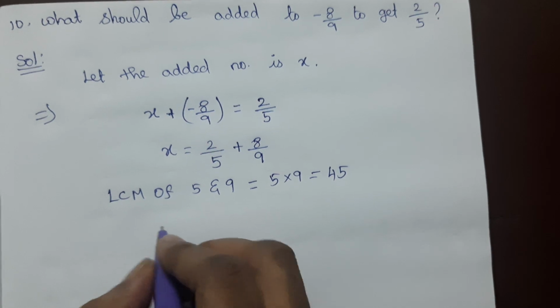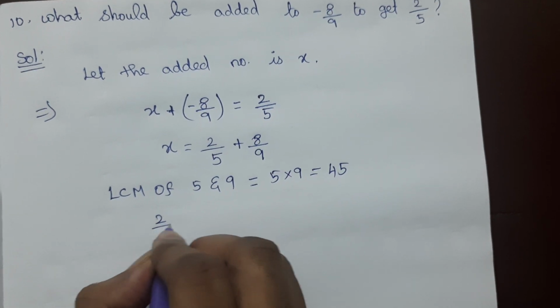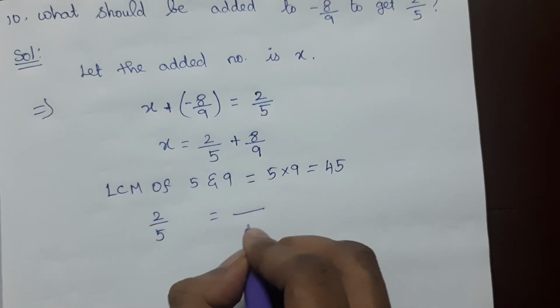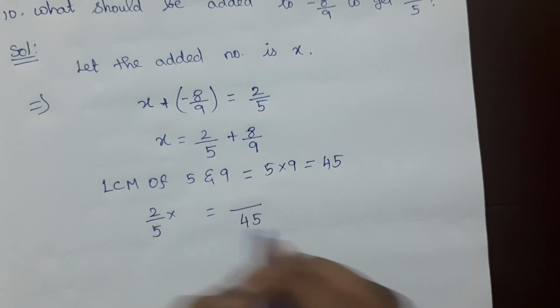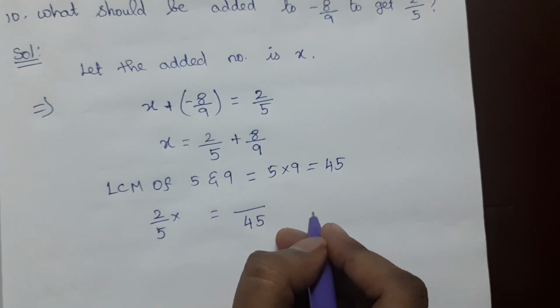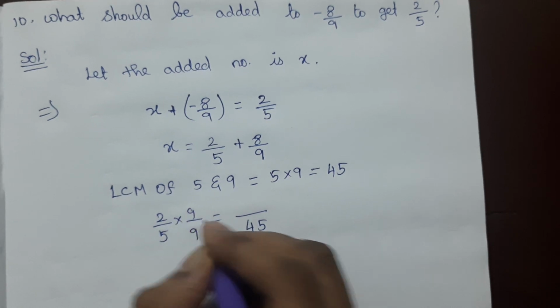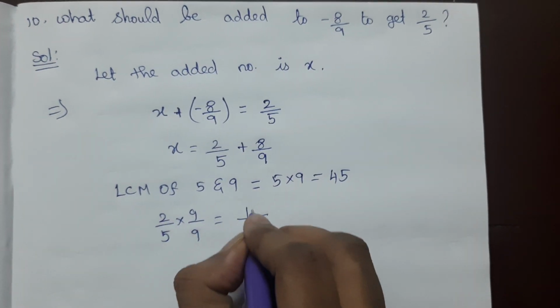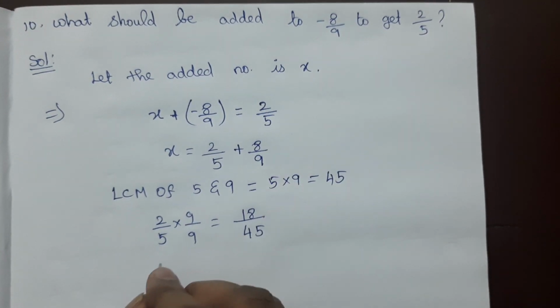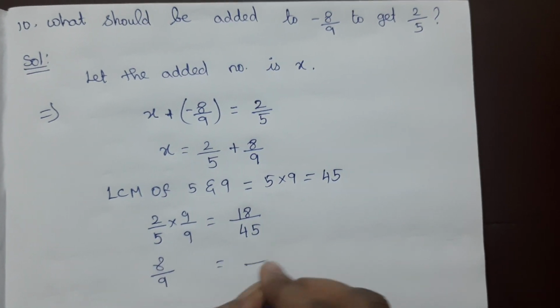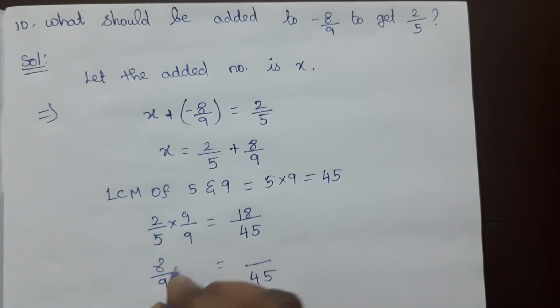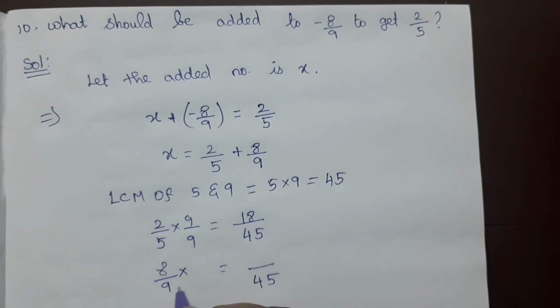So we have to make this 2 by 5 into 45. When we get 45 in the denominator, multiplied by 9. So you can get like this. 2 nines are 18, 5 nines are 45, and 8 by 9 also. Denominator we need 45. So just multiply by what? 9 5s are 45.